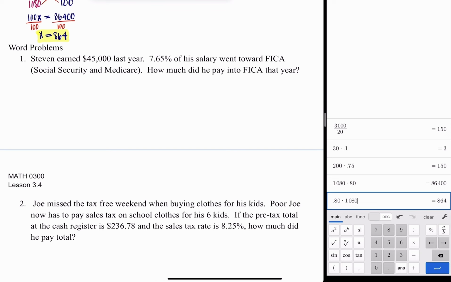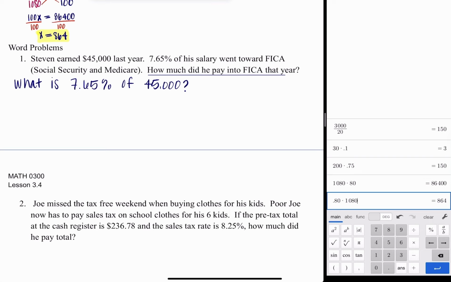So what we are really asking, if we want to know how much money he paid into FICA, the real question is, what is 7.65% of 45,000?